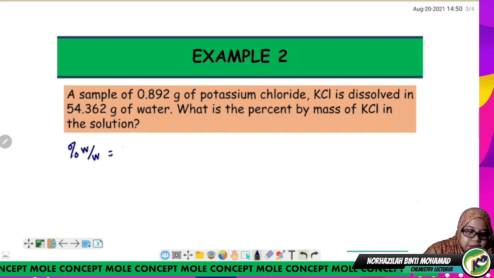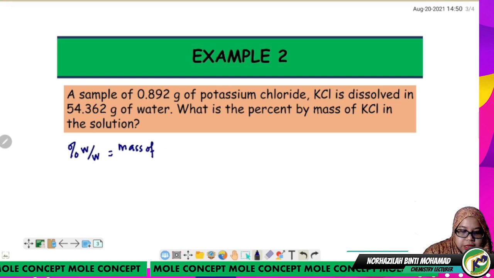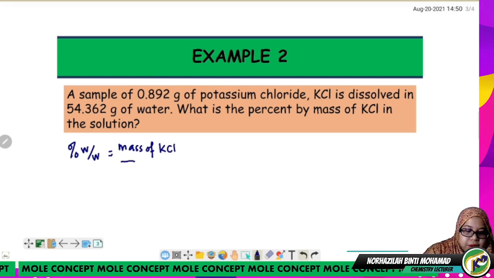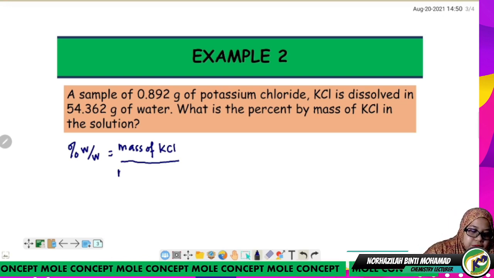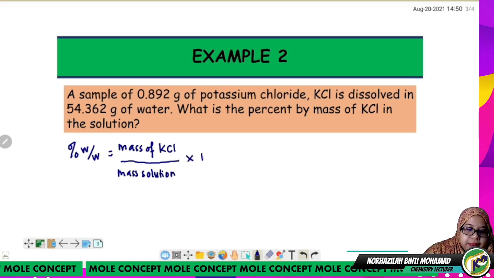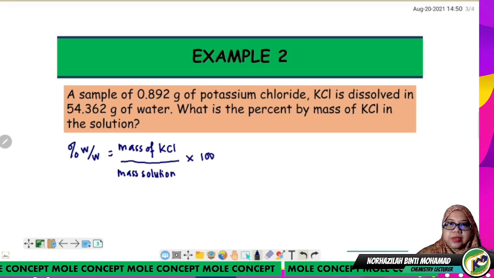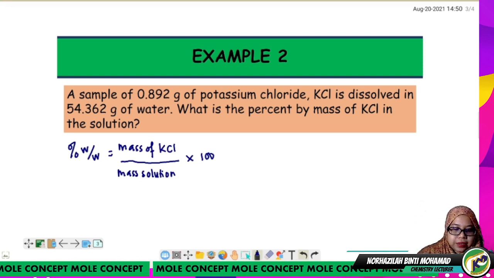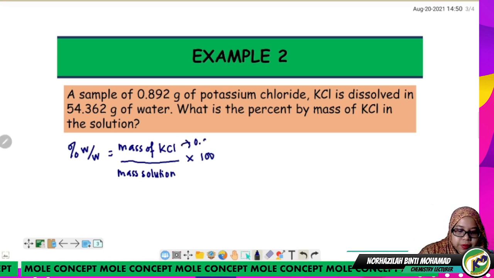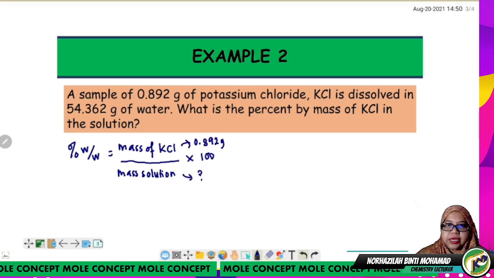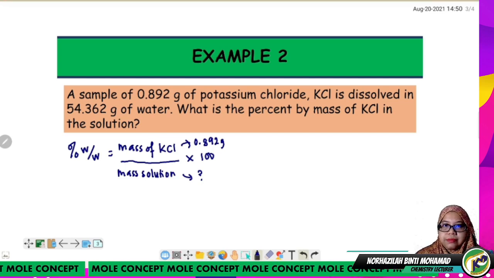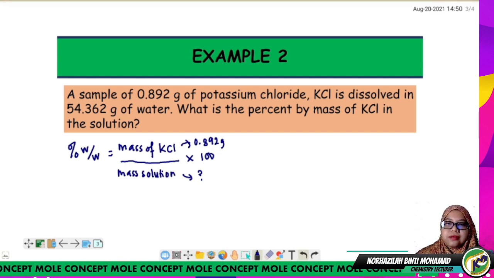We know that percentage by mass is mass of solute, and our solute is potassium chloride, so mass of potassium chloride divided by mass of solution times 100. The mass of potassium chloride is given, 0.892 gram. But the mass of solution is not given in the question, so we need to determine the mass of solution first.